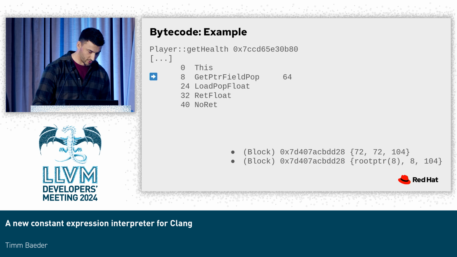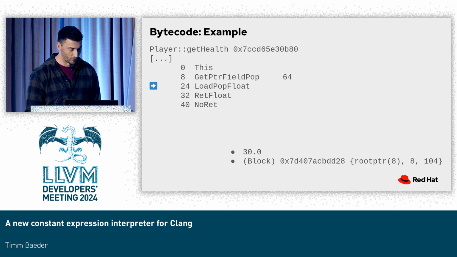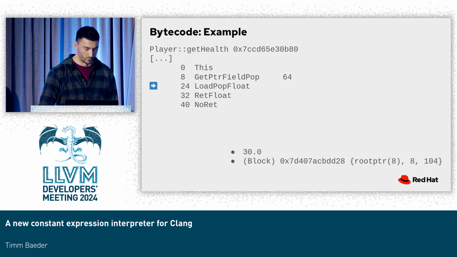The result points to the same memory, but has the offset of 64 applied. And next, we want to actually load the value, which is not surprisingly going to be our 30 from before. And just like in every other function invocation, we end it with a return instruction.